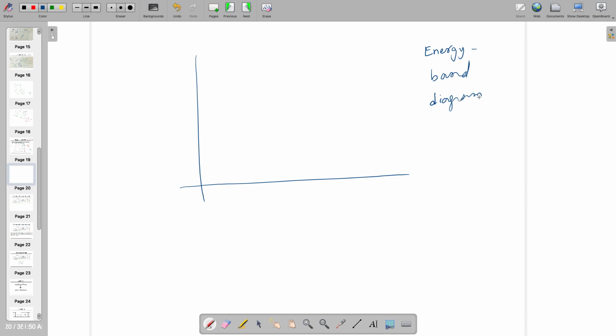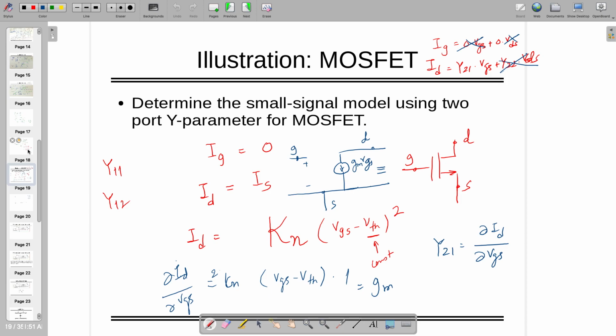For any transistor or any network to work, it has to make sure that from the valence band to the conduction band there is sufficient energy for an electron to move. If there is no energy or there is a wide gap between these two energy bands, then it cannot go, and that is what is happening in the MOSFET, and you are having zero gate current because it does not have sufficient energy to take electrons from the valence band to the conduction band.